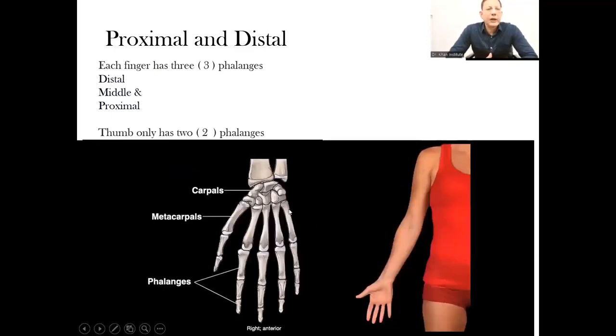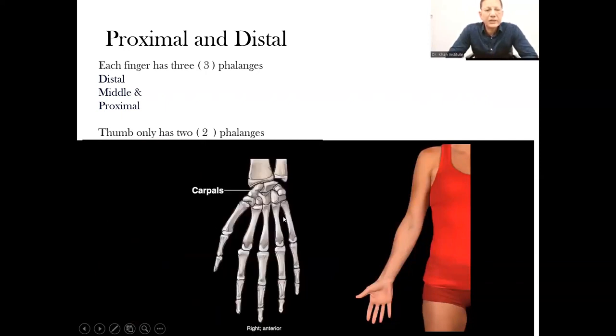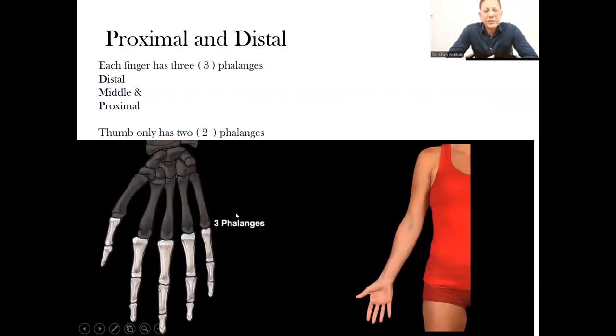The bones of the fingers are called phalanges. There are 3 phalanges in a finger. The bone which is at its point of origin with the palm bones, called metacarpals, the first one, will be close to its point of origin.